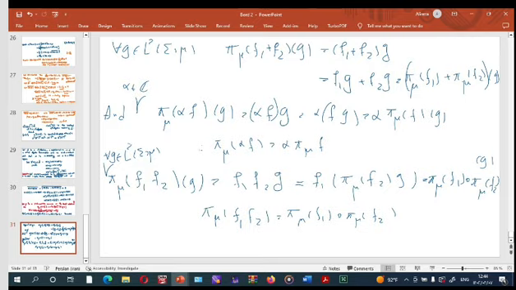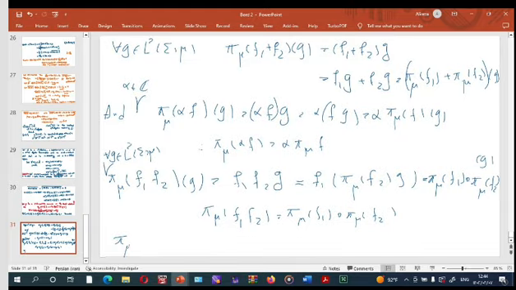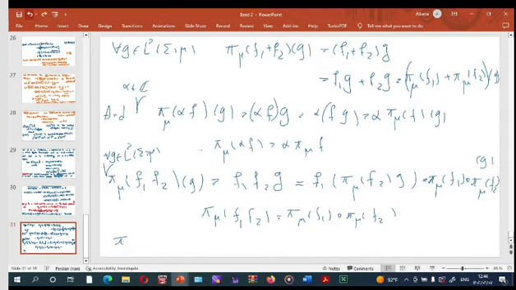On the other hand, P mu of f bar, because we know that the star operation in C of sigma is bar, equals P mu of f bar, or you can say f star in B of H, okay?